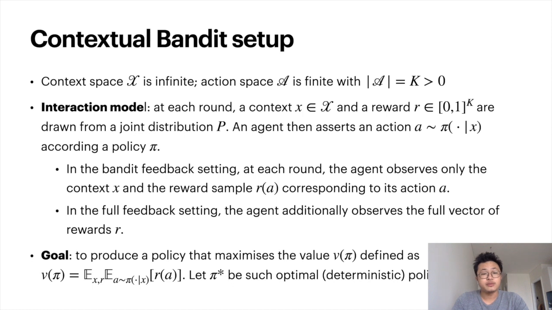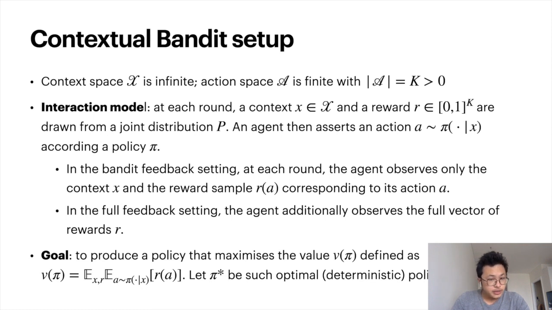In each round, a context S and a K-dimensional reward function are drawn from a joint distribution P, which we don't know. An agent then selects an action according to a policy pi.